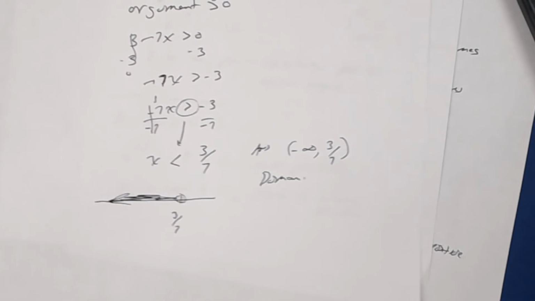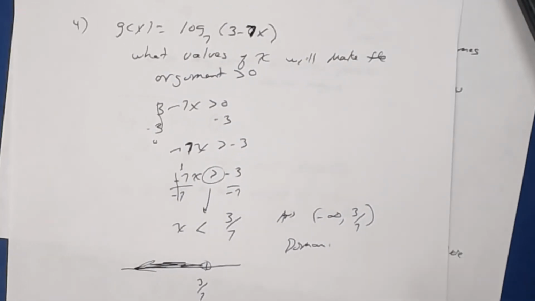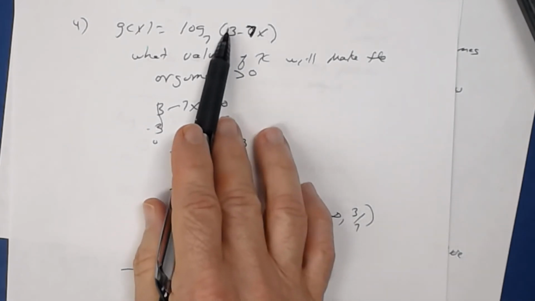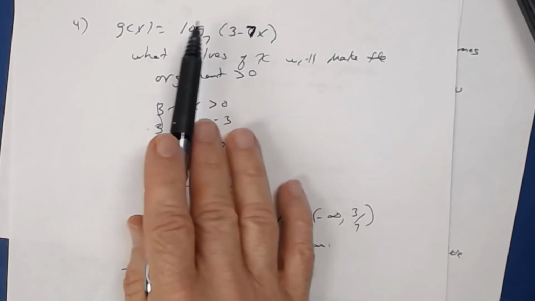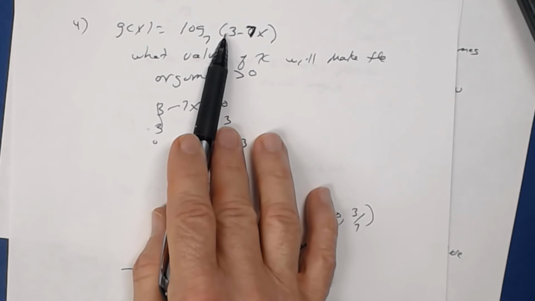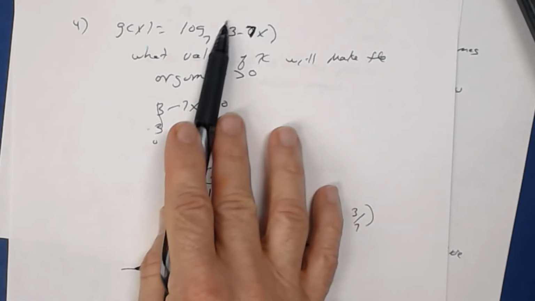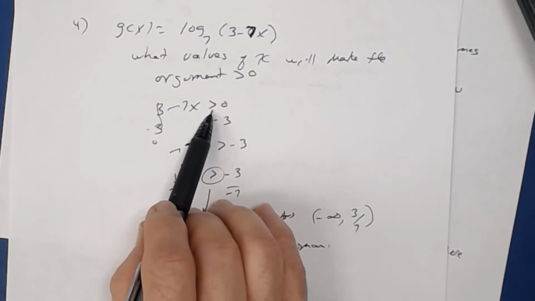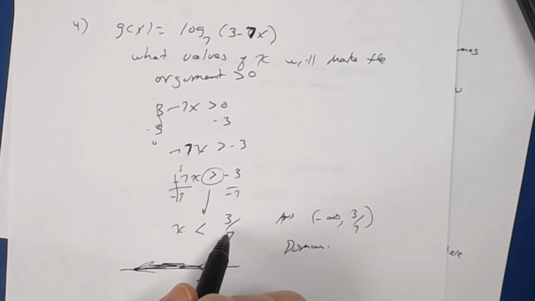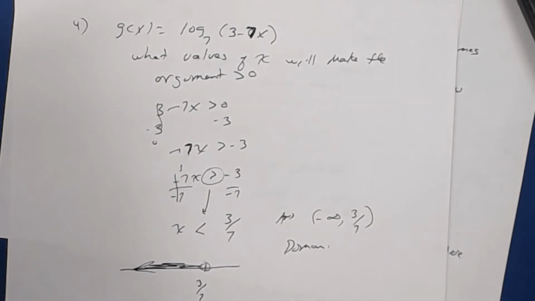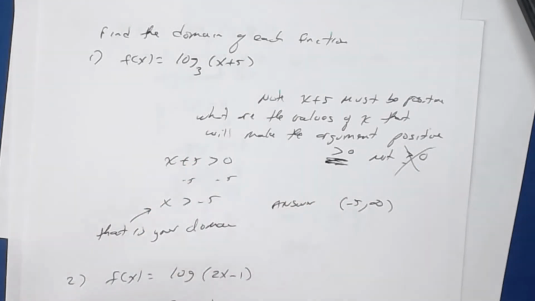Any value of x in this interval, when you substitute it in here, will give a positive number. So in finding the domain, you take your argument and ask yourself, where is it positive? You solve for x, and then you find your domain. There's your domain, any number less than 3/7. So that's how you find the domain of log functions.